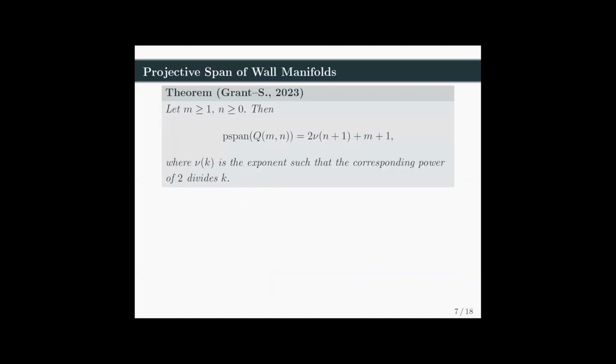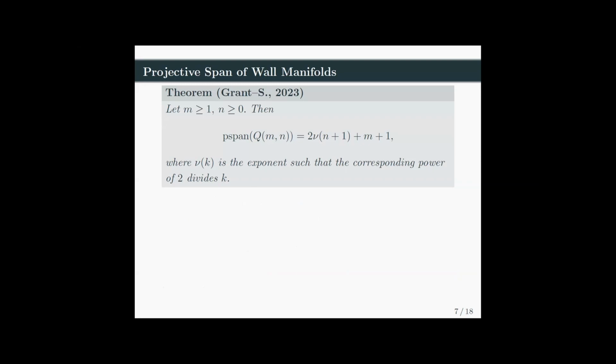And we found that the tangent bundle of the Wall manifold Qmn splits into two to the mu(n+1) plus n+1 lines. So this mu(n+1) thing is the two-adic valuation of n+1. So mu(n+1) is the biggest number such that 2 to that number divides n+1.